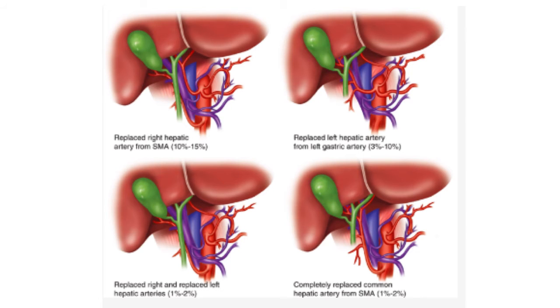This is a good clue to know to be just a little bit more careful. Another important point is that the right hepatic artery passes deep and posterior to the common bile duct about 88% of the time, but the other 12%, it will cross anterior to the common bile duct.